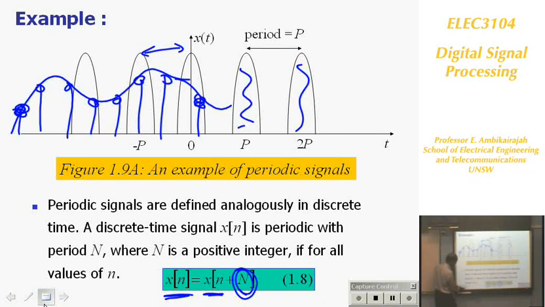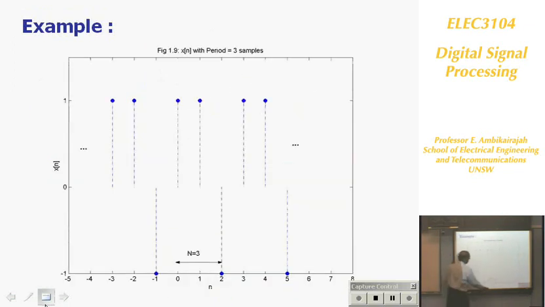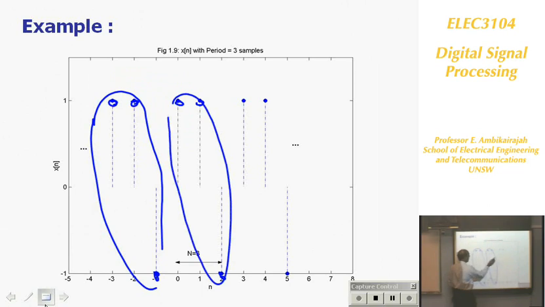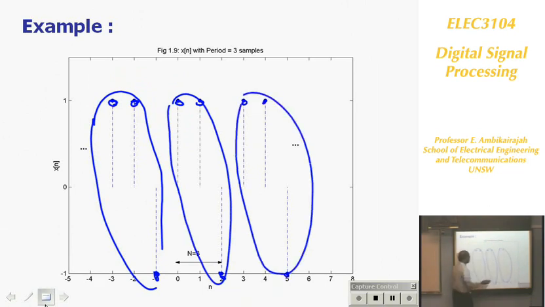Let's look at one example. Here is an example. You can see what the period is here. The same thing repeats again, and the same thing repeats again. So what's the period?